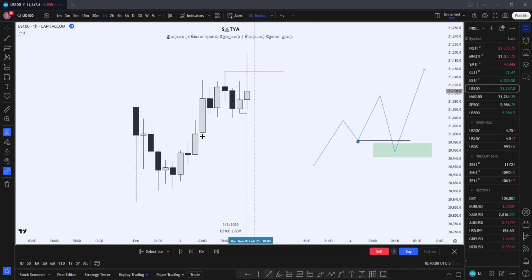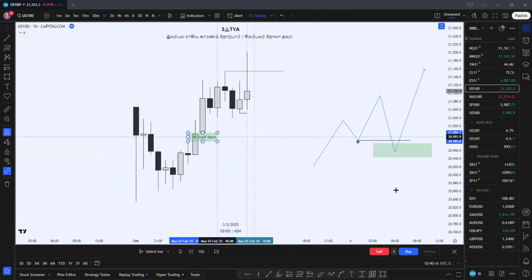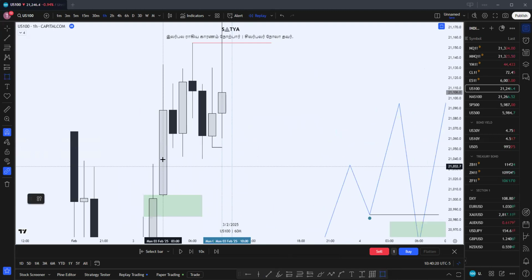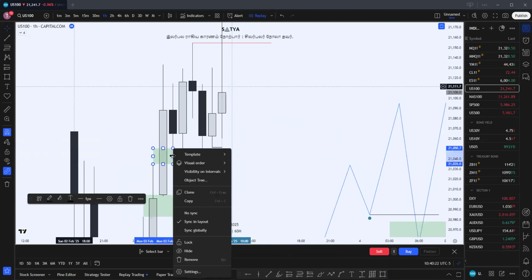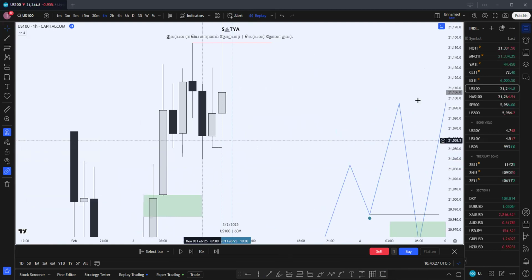It is a counter trend. See, there is an FEG still unmitigated. This FEG is still unmitigated. See, this FEG is mitigated twice. So this FEG is not going to hold the price.